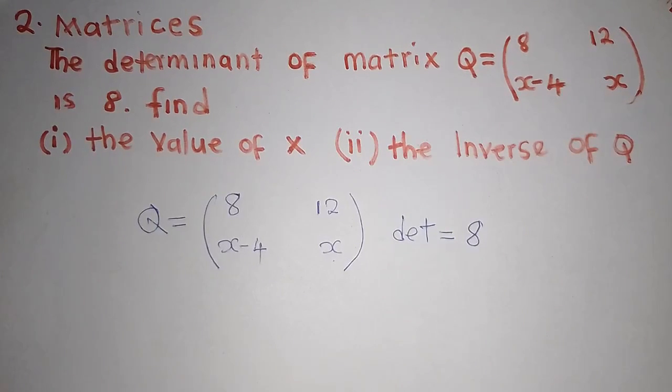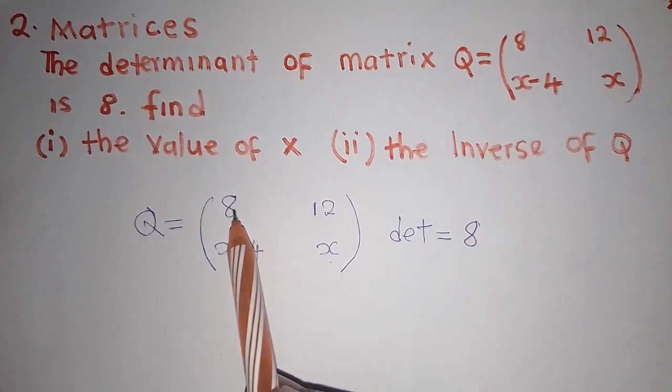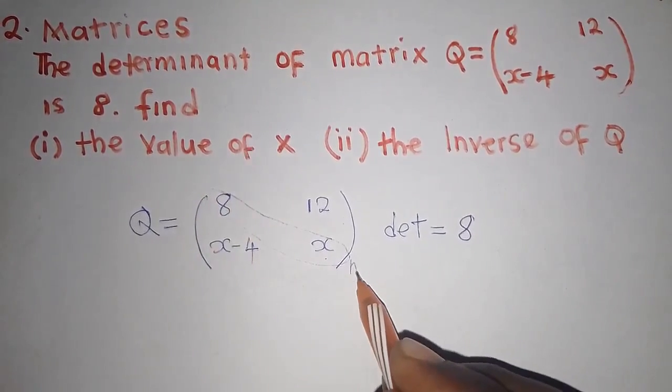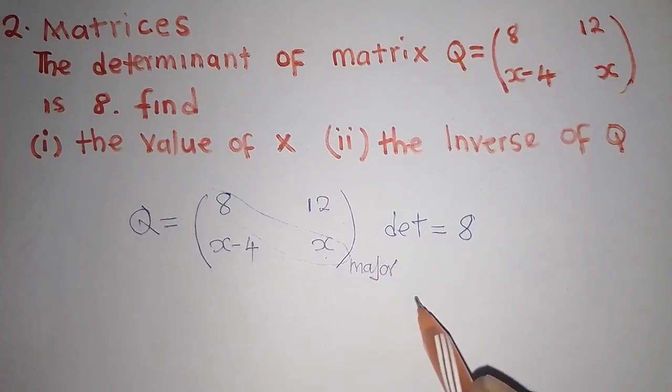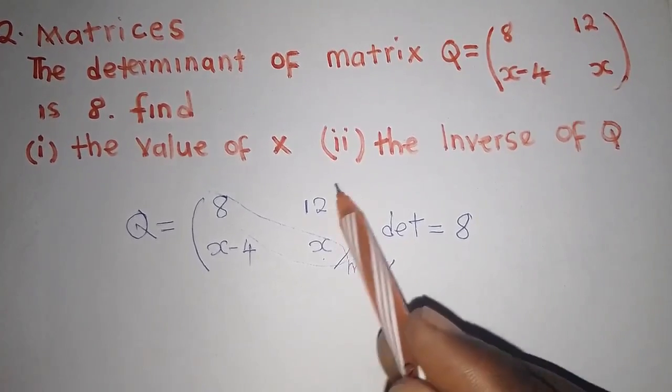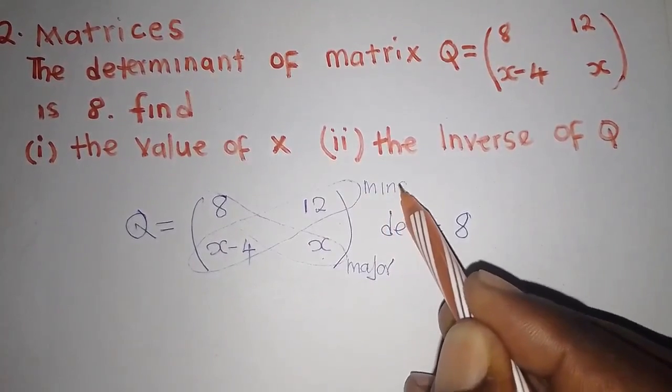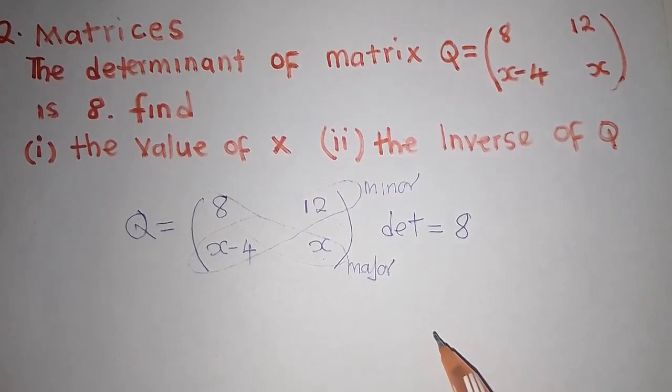How can you go about this question? You know that this is your major diagonal. Then these that are in this manner, this is your minor diagonal. That's what you need to understand.